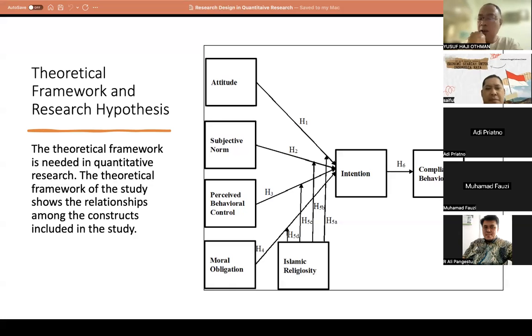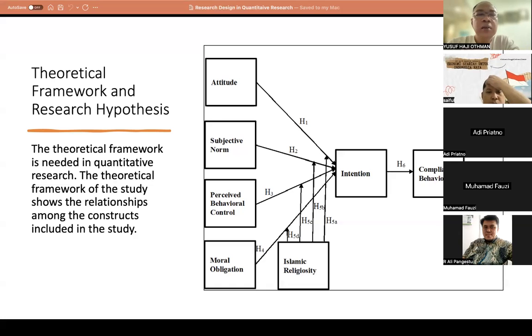In this case, positive impact on the asnafs of zakat, the poor, the needy, the people in debt, fi sabilillah, the mu'allaf, and other asnafs.